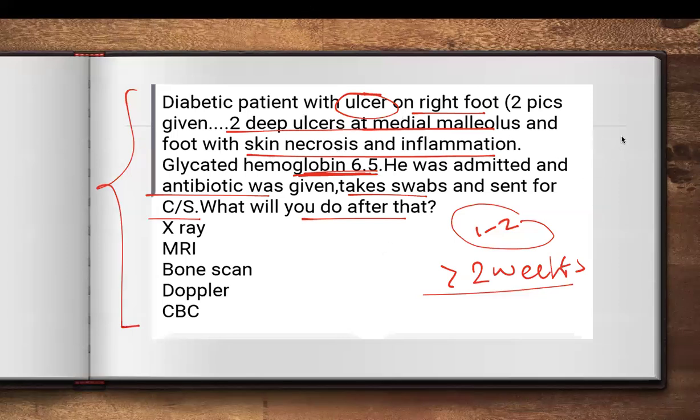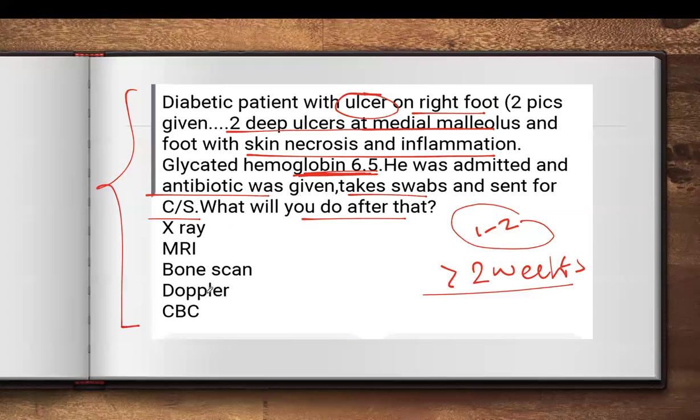So if I see your answers, most of you are choosing X-ray, which is really good. Okay, let's see. Let's say this is a patient who has a non-healing ulcer for 2 weeks, diabetic foot. We have done most of the things. What will we do after that?